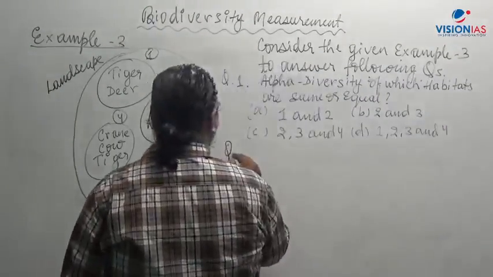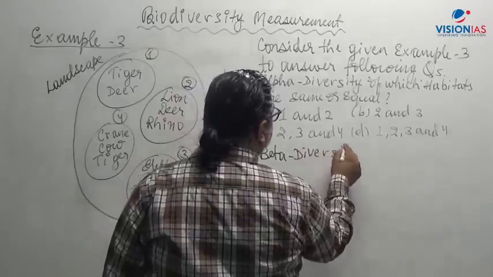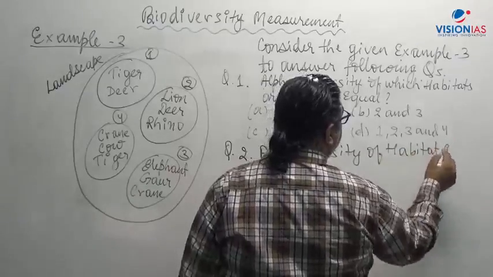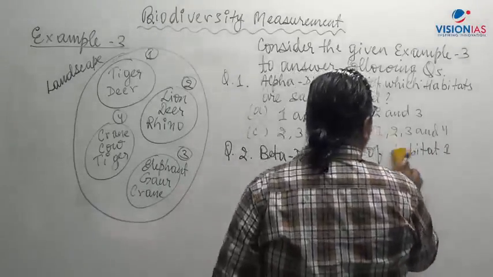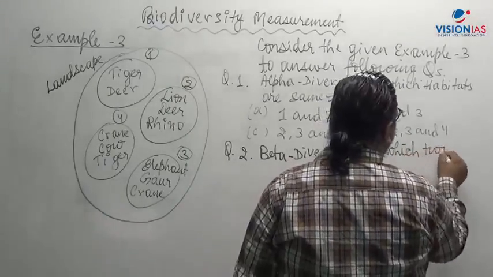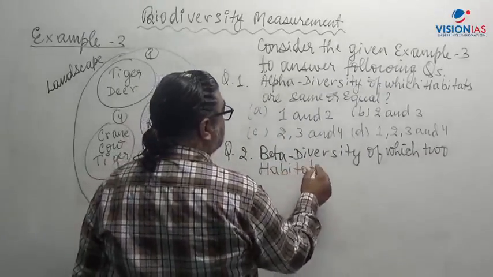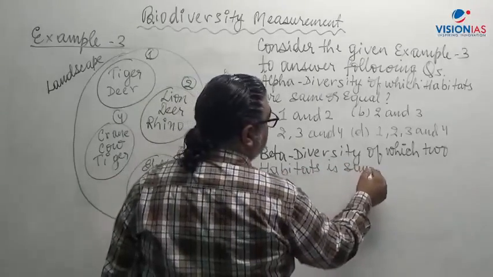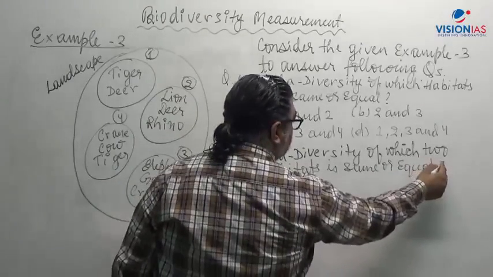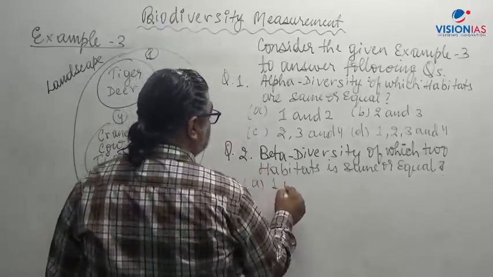Question number 2. Beta diversity of which two habitats is same or equal? A, 1 and 2.